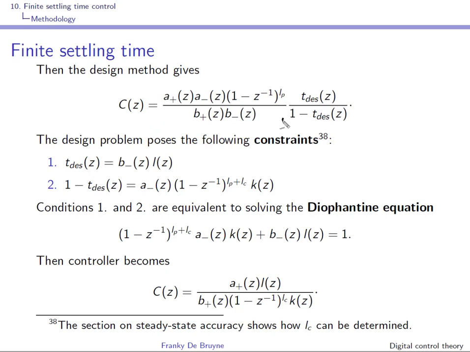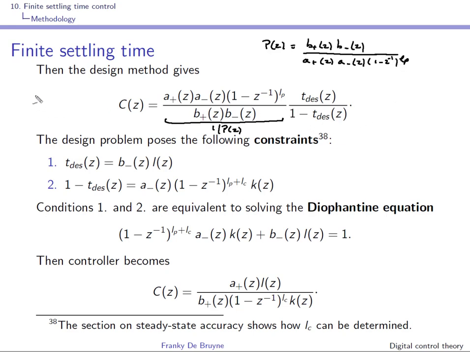This is really 1 over the process, right? So P of z is B plus times B minus over A plus times A minus times a number of integrators that will all depend on the process, right?